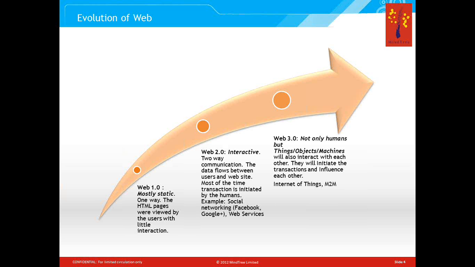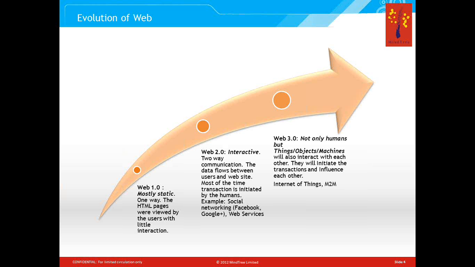Then we had Web 2.0 a few years ago, which was a lot more interactive. We had two-way communication between a user and the web application, and data flows between the users and the website freely. Most of the time, the transaction is still initiated by humans. Examples are social networking sites and technologies like web services, such as Facebook, Google+, etc.